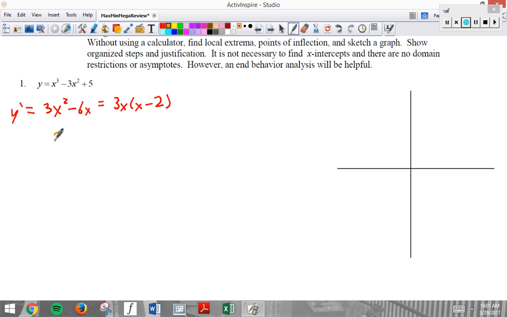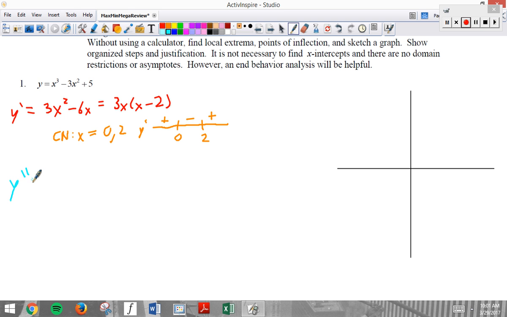So the critical numbers are x equals 0 or 2. It's my prime number line. Label it nice. Good work to label it. It's going to be positive, negative, positive. It's a parabola. That's the fast way.